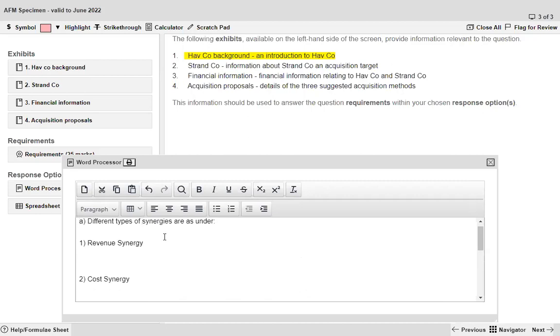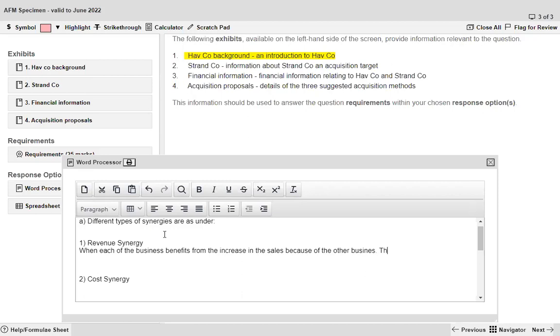The revenue synergy is basically when each of the businesses benefits from the increase in the sales because of the other business.